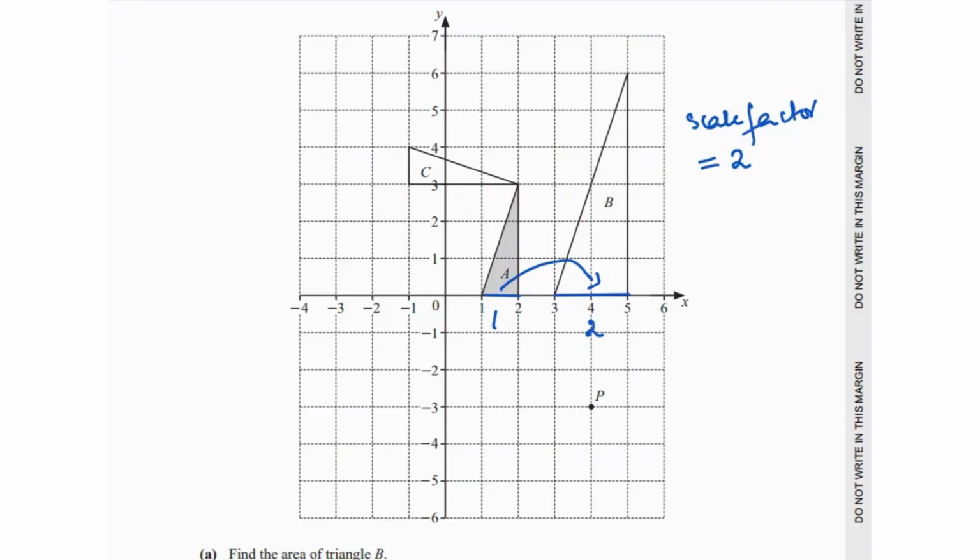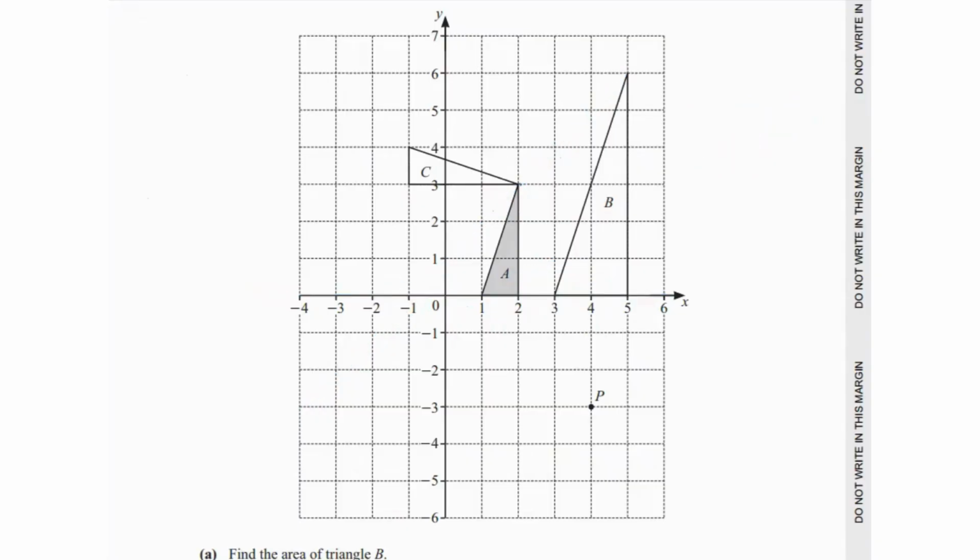Now for the center of enlargement, we connect corresponding points on both the shapes through a straight line, and all of these lines need to pass through the same point, which in our case is negative 1, 0. So the point through which all of the lines pass, that is the center of enlargement. So that's negative 1, 0 over here.